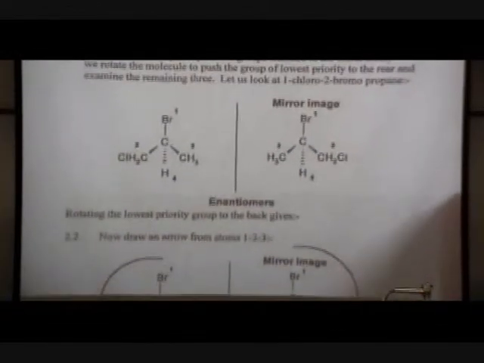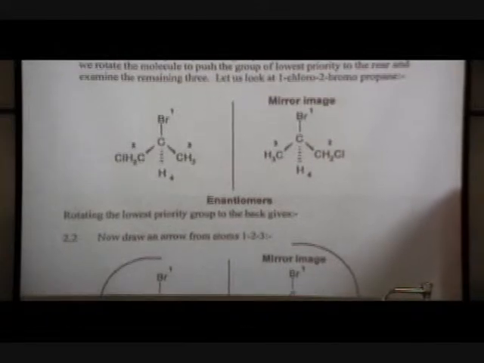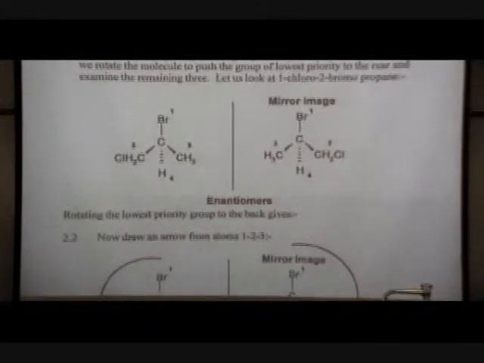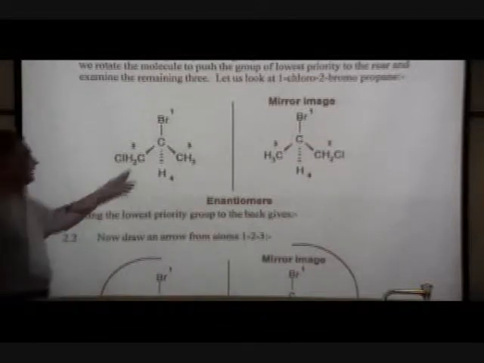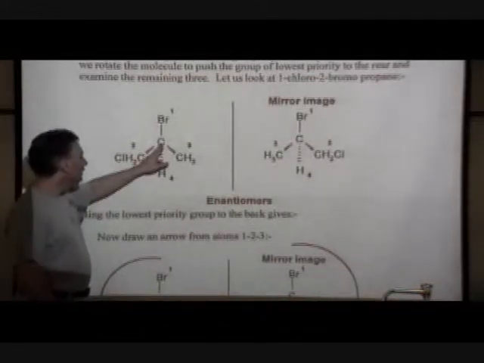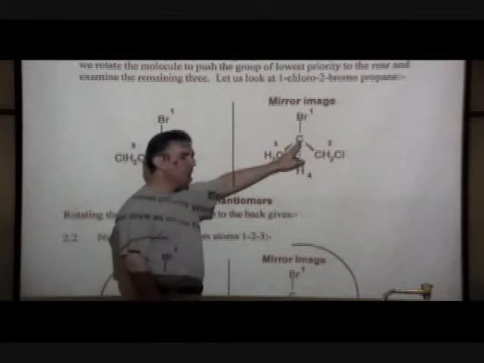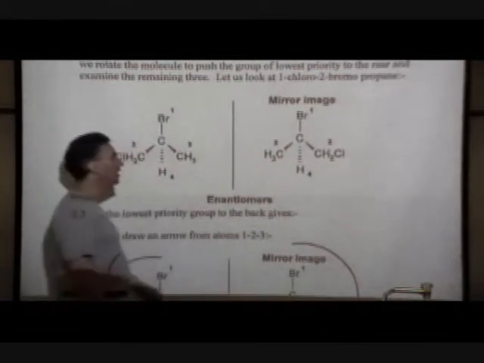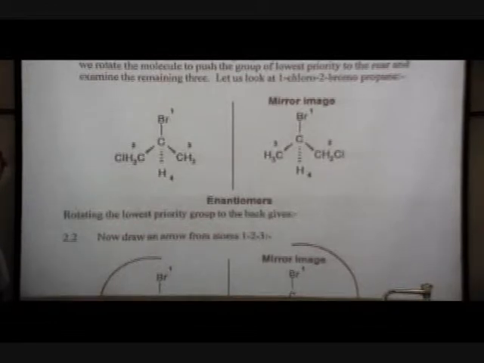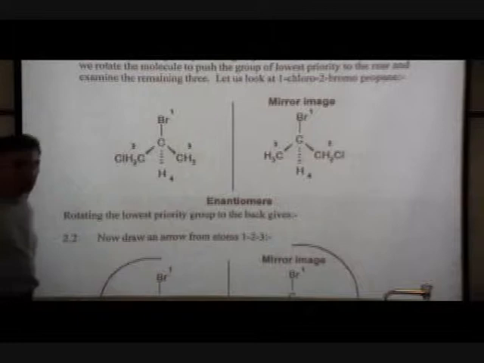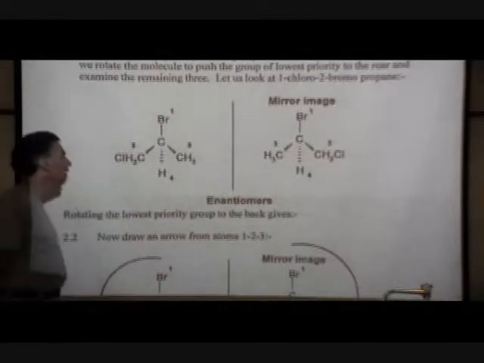So there's a non-superimposable mirror image pair of enantiomers, and it's the carbon in the middle here which is the chiral center with 4 unique groups attached. And we'll prioritize the 4 groups.